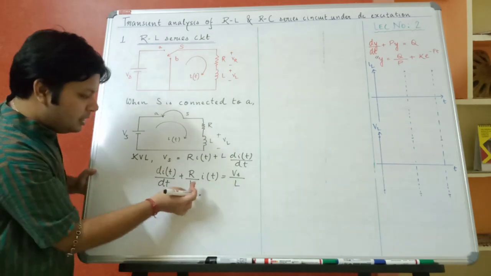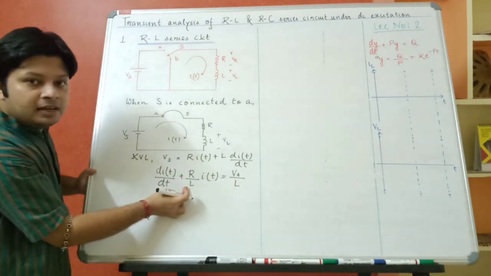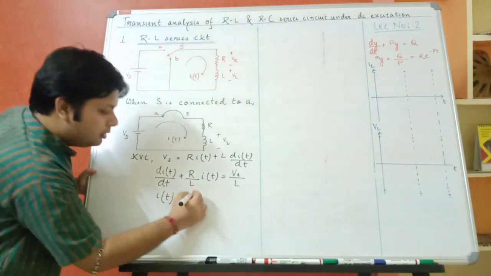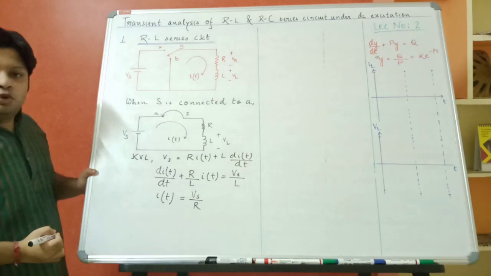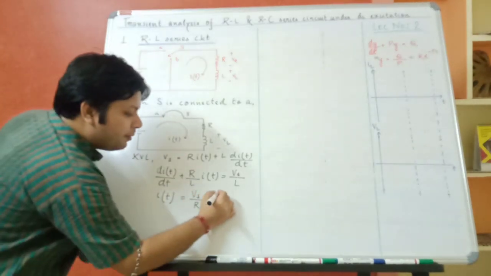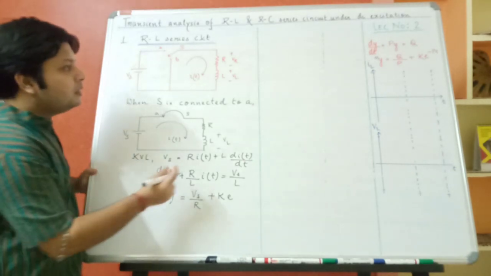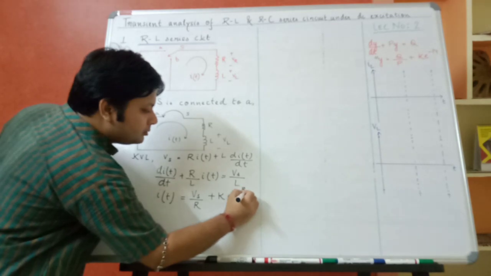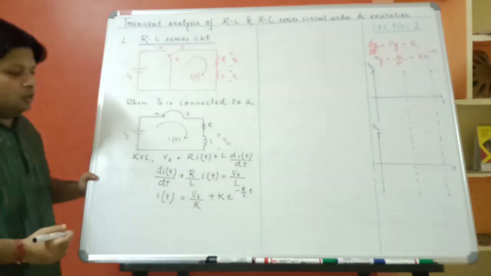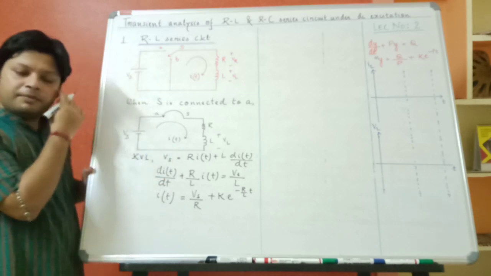So Vs by L. P is R by L. So Vs by L by R by L gives you Vs by R. So Vs by R, Q by P, plus K e to the power minus Pt. What is P? P is nothing but R by L. So minus R by L t. So this is the solution for the equation of the current flowing through this circuit.